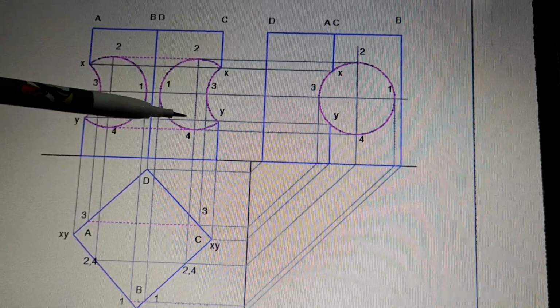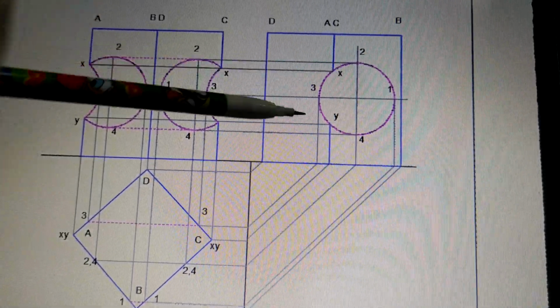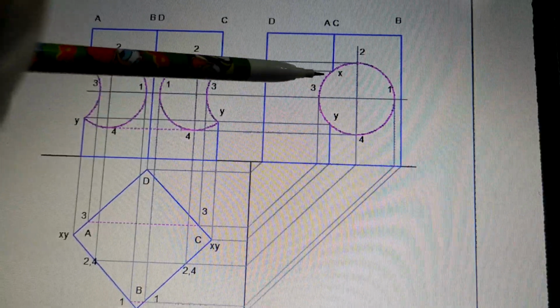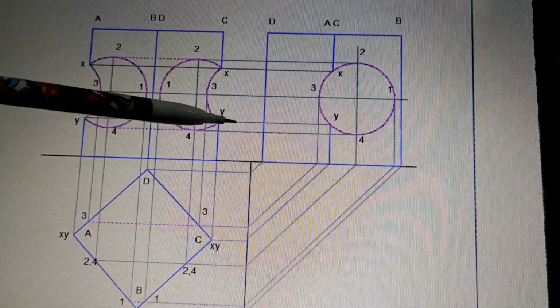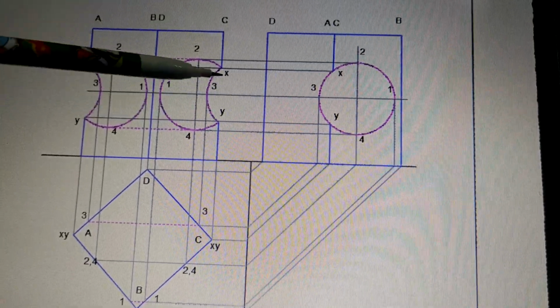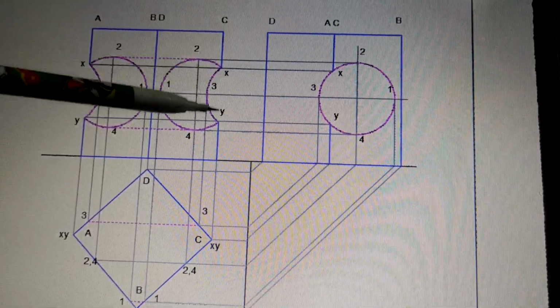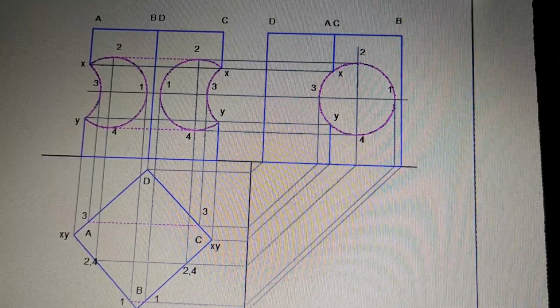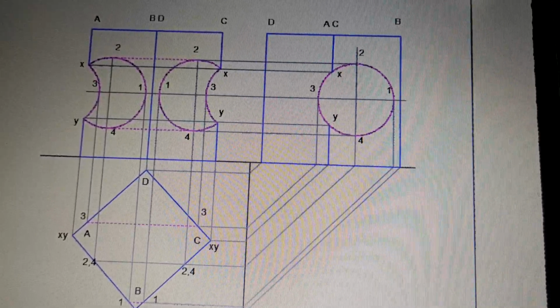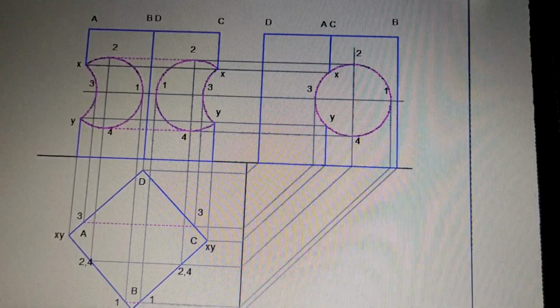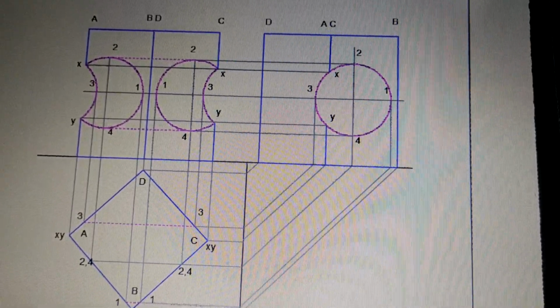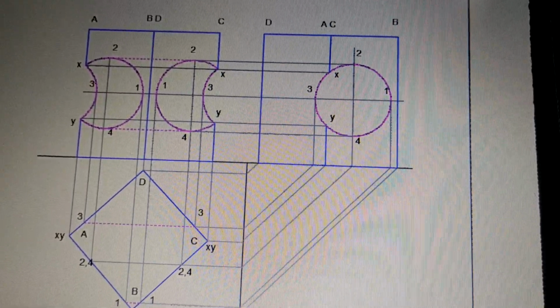Again, let me repeat, wherever a curvature is intersecting an edge like x and y, at that place there will be corners which will come like this. So at the edge there is a corner, and here and here. Okay, as we go further we will come to know many other rules. So with this we come to the end of this problem number 2. We are going to solve this problem number 2 as a part of today's exercise.